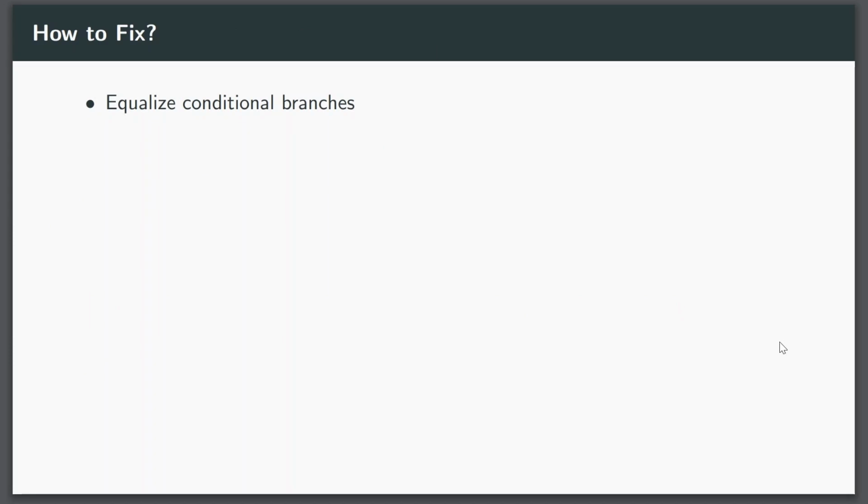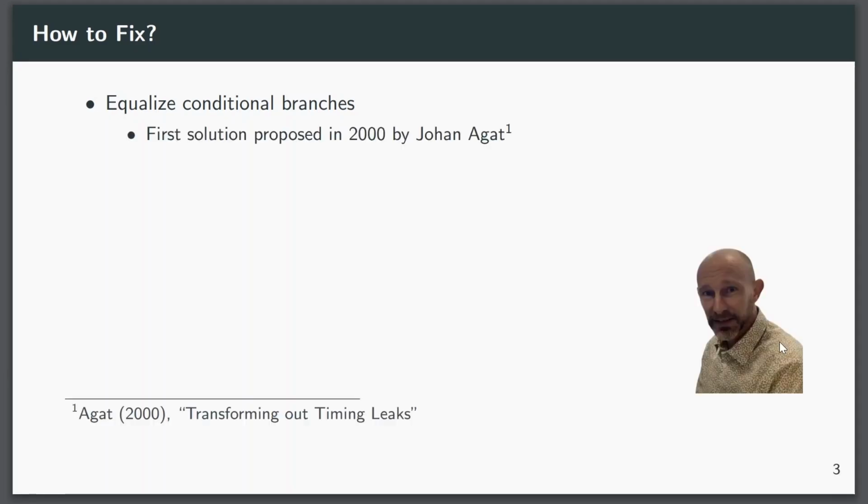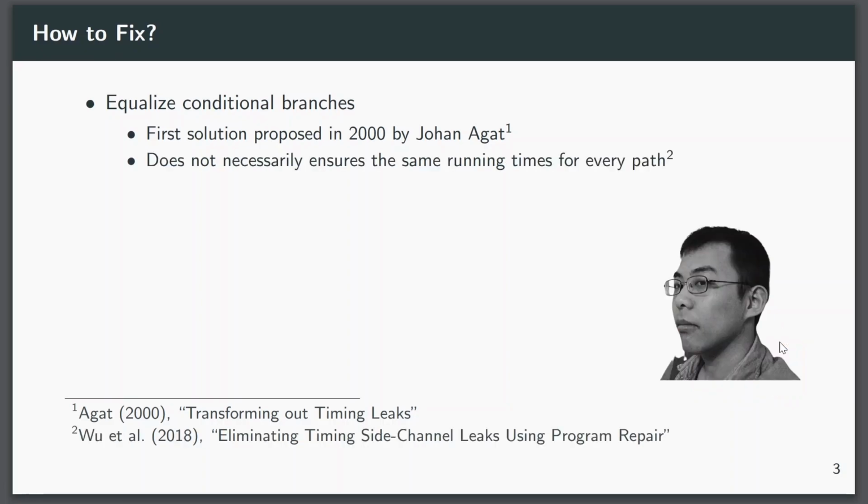So how do we fix these sources of leakage? One approach we could try is to equalize the conditional branches that depend on sensitive information. This was actually the first solution proposed back in 2000 by Johan Agat, but it does not necessarily ensure the same running time for every path.